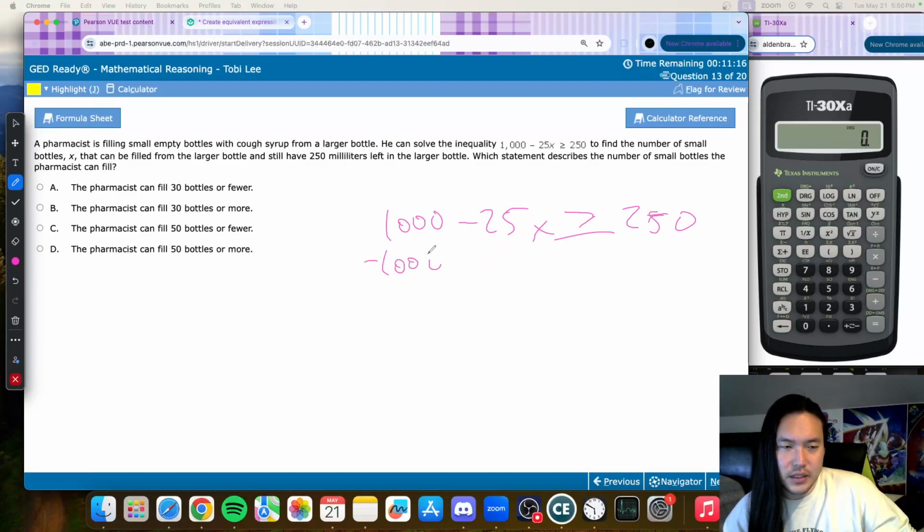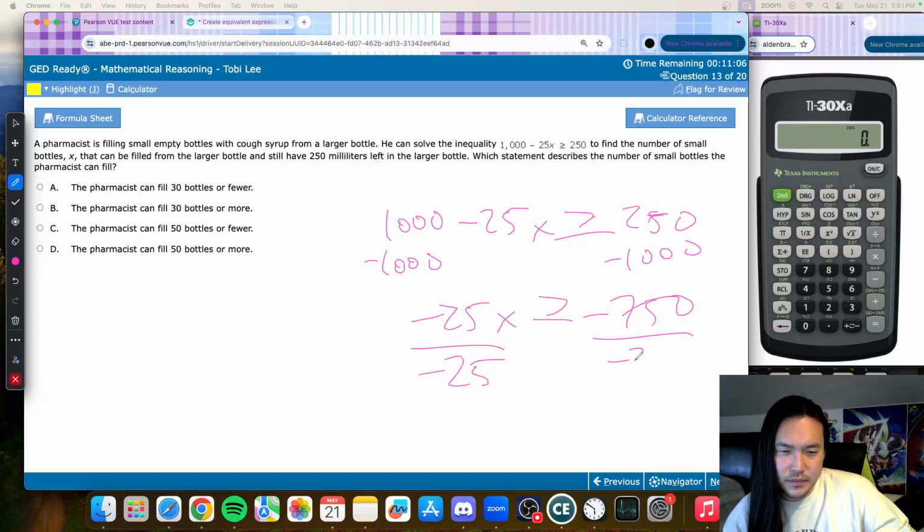I'm going to subtract 1000 from both sides. Negative 25x is greater than or equal to -750. I'm going to divide by negative 25 on both sides. And then here, since I divided by a negative number, I need to flip the symbol.